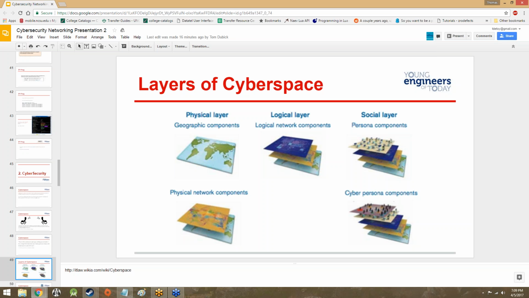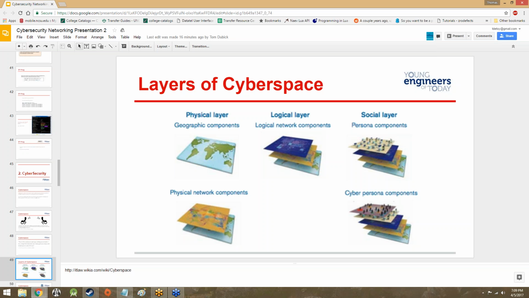Then, on top of the logical layer, you've got the social layer, which involves regular real-life persona components: you, your friends, your parents, your family, the people you know at school, the people you meet throughout your life, where they specifically exist, where they connect to the internet, things like that. But more to the point, they themselves make up the persona components.